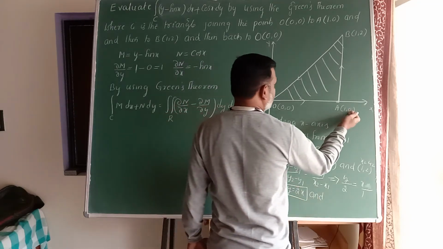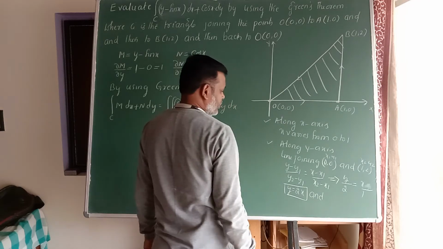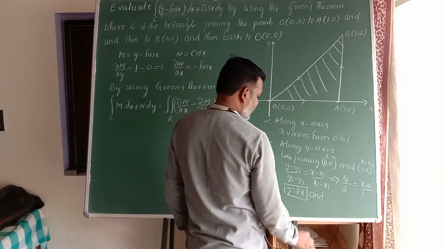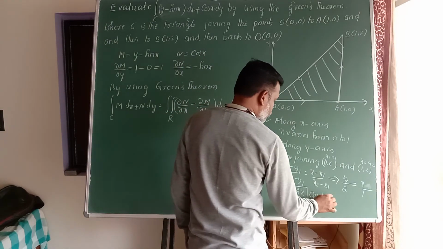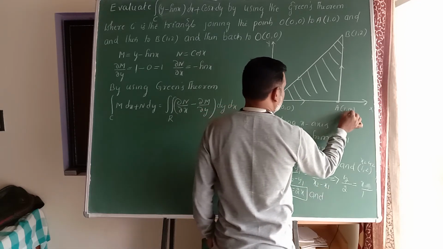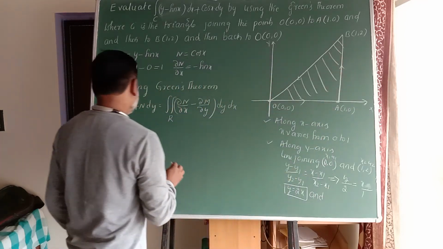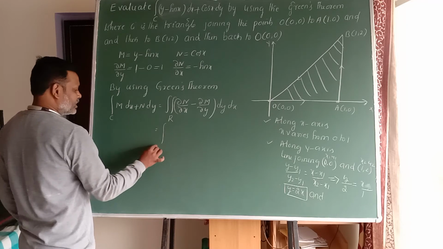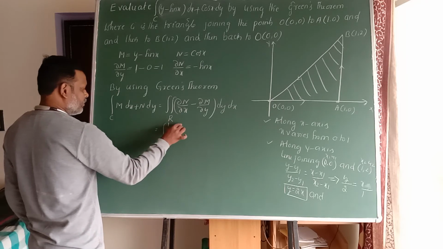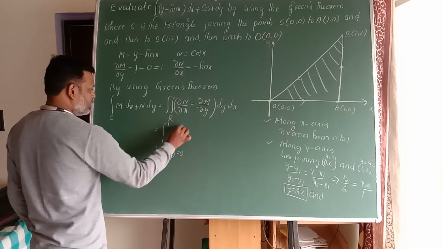So y varies from 0 to 2x. As you know that y varies from 0 to 2x, you can take the double integral now. So x varies from 0 to 1, y varies from 0 to 2x.